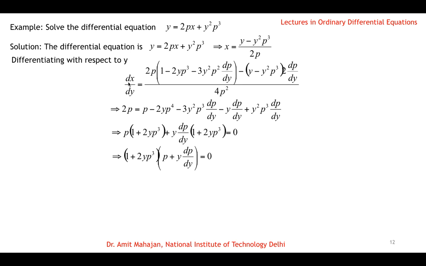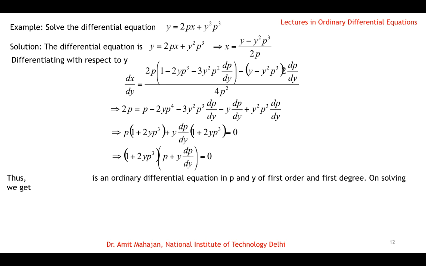Then dx by dy will be 1 by p, and we can rearrange the terms to find that it can be written as a product of two factors. One is a polynomial in p, the other is a differential equation in p and y. As the rule says, we have to use this differential equation equal to 0 and find its solution. So p plus y dp by dy equal to 0.